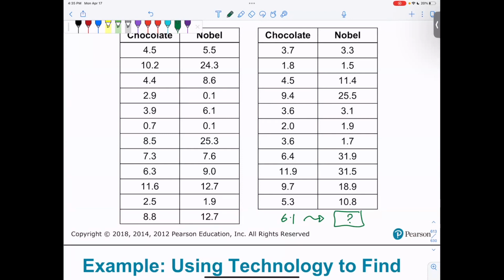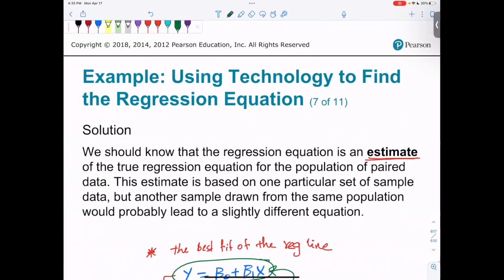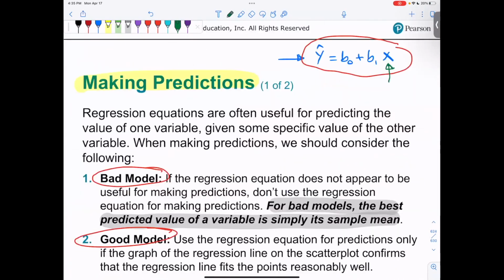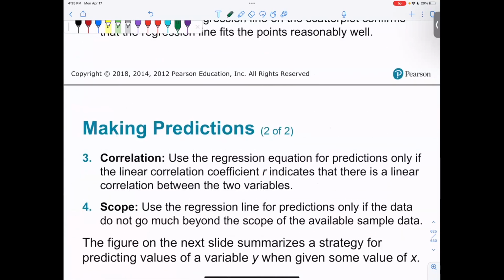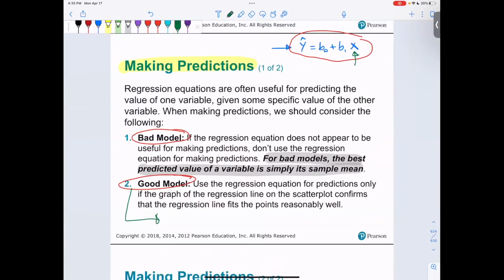We will use this function and plug 6.1 into it. We will get this estimated value. Okay, sorry, this is for when we have a good model. So if we have a good model, we just plug in x.